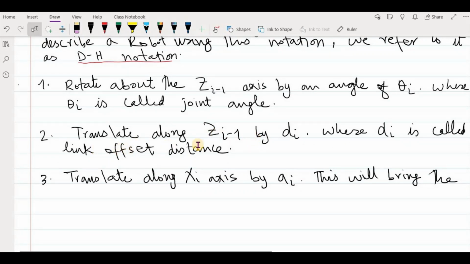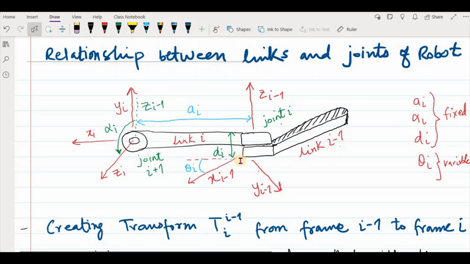The second step is to translate along z_i minus 1 by d_i, where d_i is called the link offset distance.